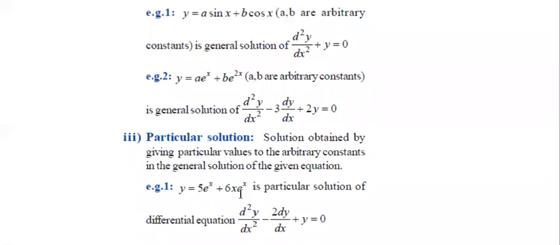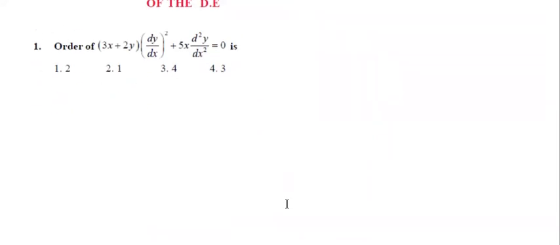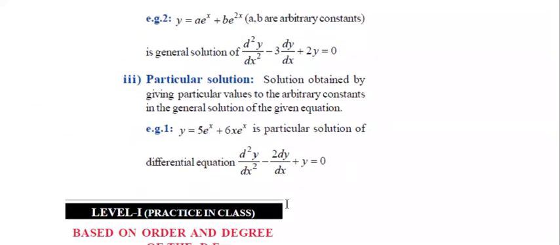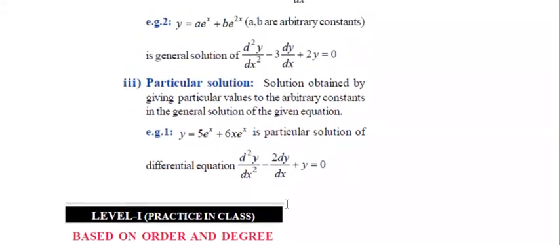Here 5 and 6 are written in place of a and b, the arbitrary constants. Once again, a particular solution is obtained by giving particular values to the arbitrary constants in the general solution of the given equation. Now we are going to discuss some problems.